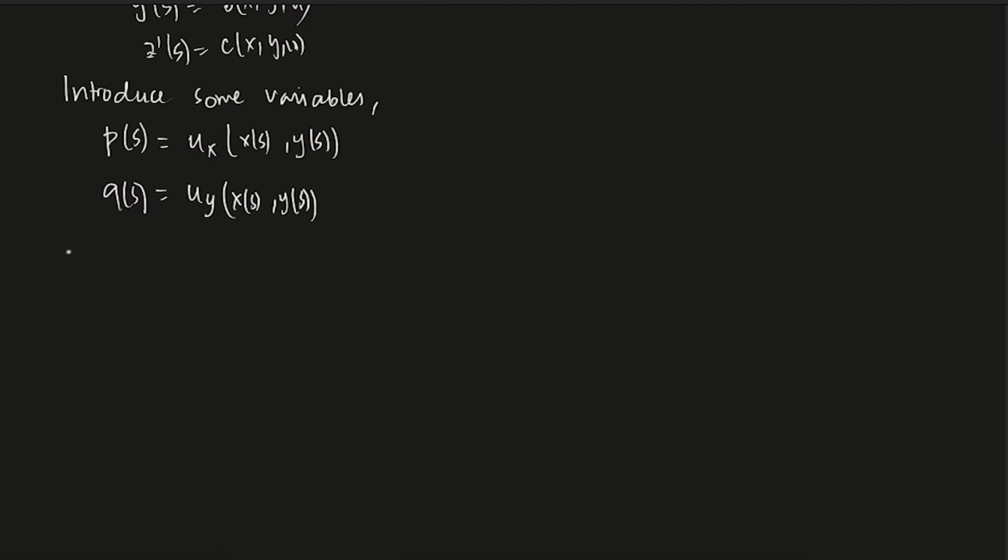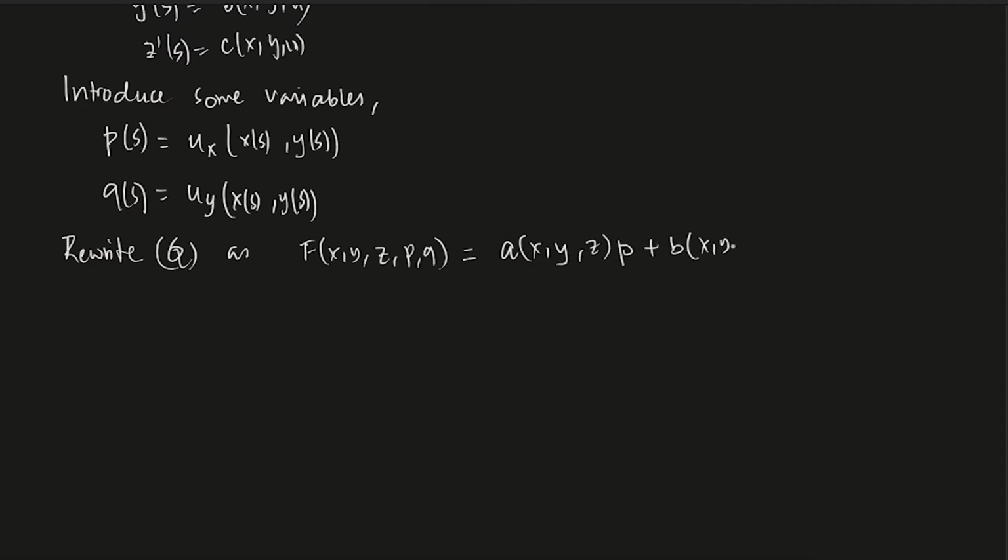Okay, and now rewrite the equation as f of x, y, z, p, q, which we are writing as a of x, y, z times p plus b of x, y, z times q minus c of x, y, z. This is 0. Yeah, so I'm rewriting it as this.